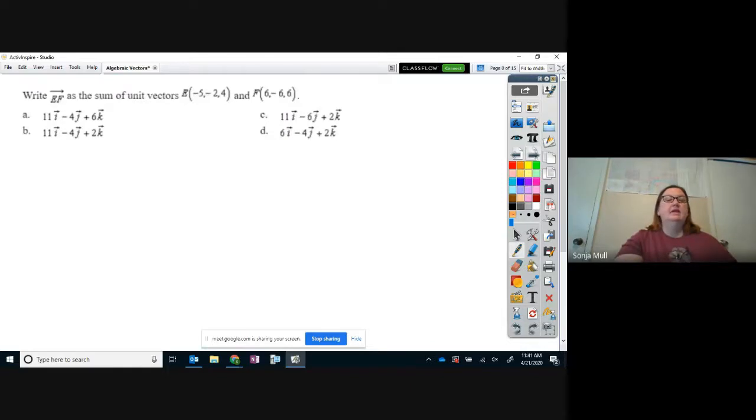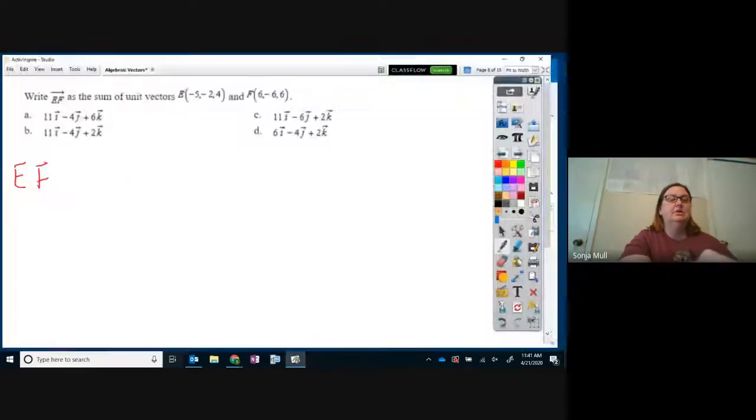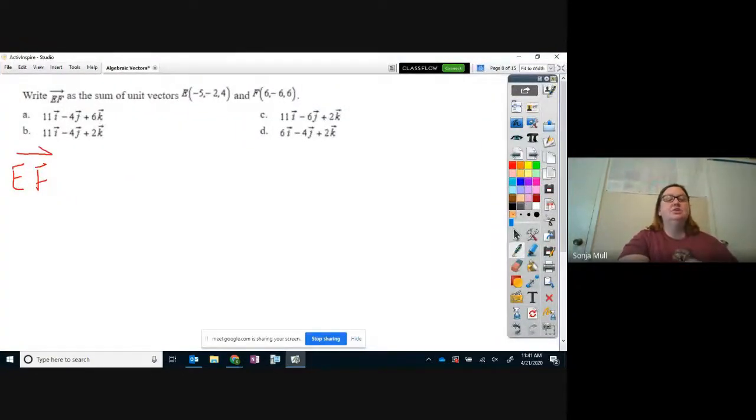Next, I want to write vector EF as a sum of unit vectors. There are two different things going on in here. First, I have to write vector EF, which is exactly the same as when I wrote vectors in 2 dimensions. I start with the second point where I'm ending up and subtract the first point.